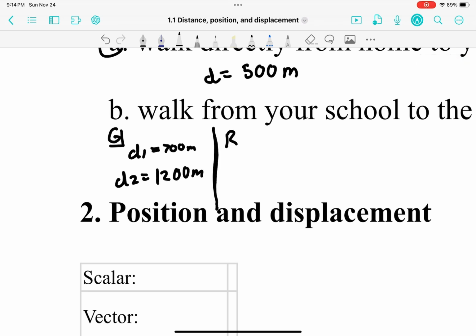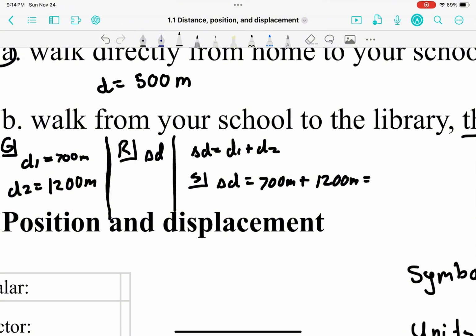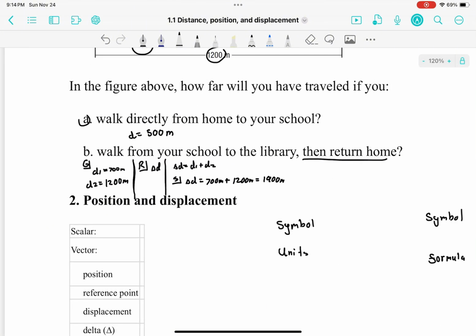Our required to find is just going to be our delta D, and then from here we can just go delta D is equal to D1 plus D2, and we can just solve. Solution: delta D is equal to 700 meters plus 1,200 meters, which is equal to 1,900 meters in total.